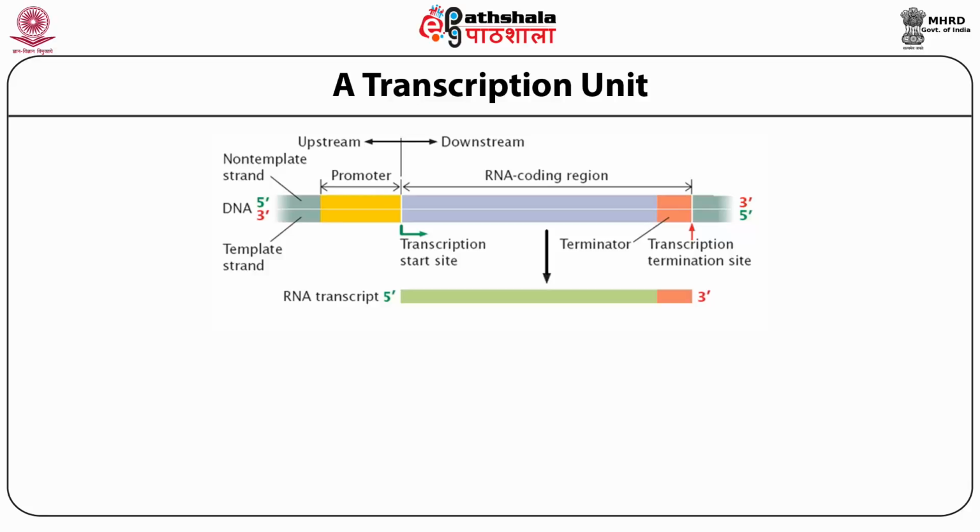The three components are, first, the promoter: DNA sequences, consensus sequences located in the 5' region which promote, recruit or initiate the transcription process.